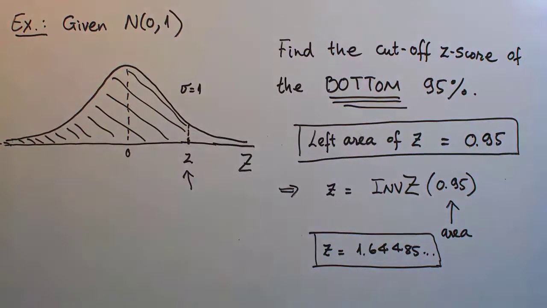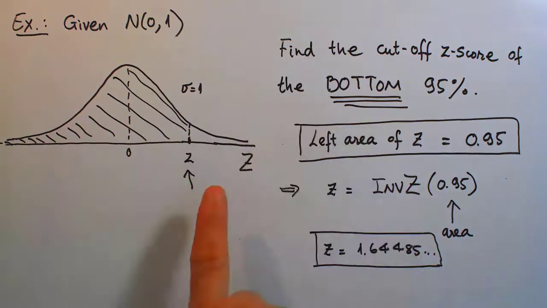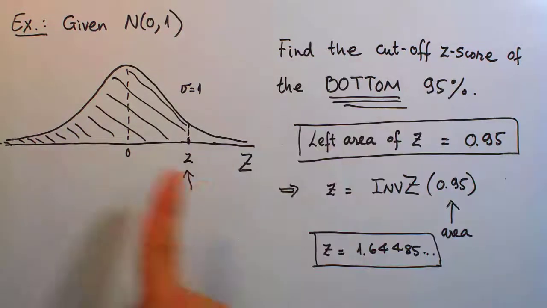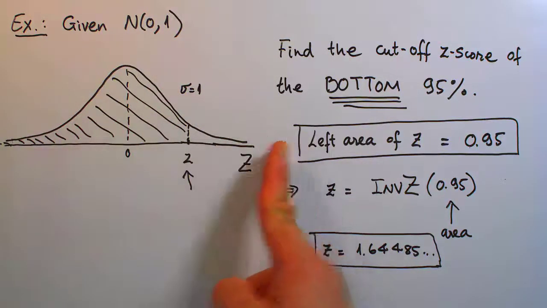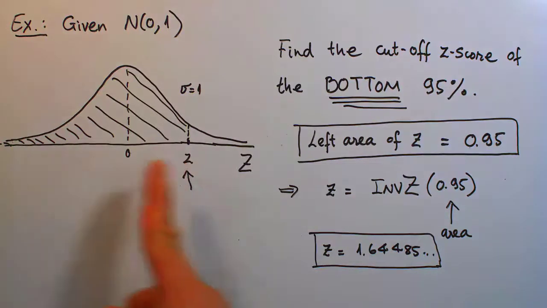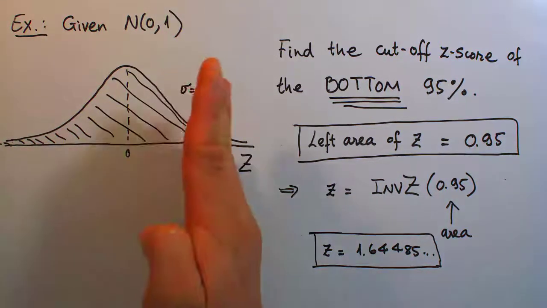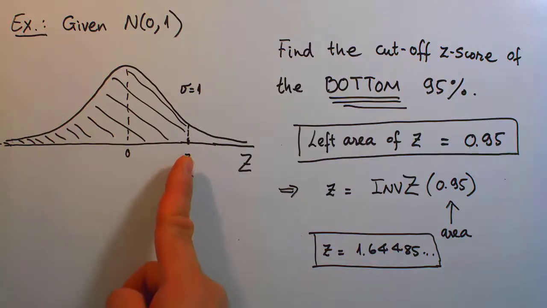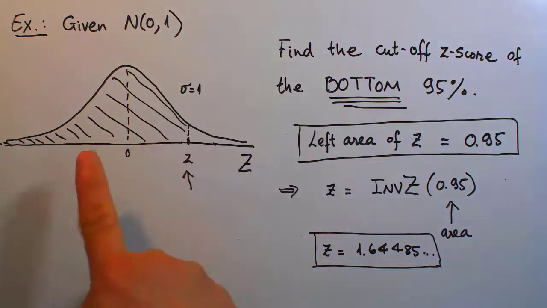And so before I close down this kind of problem, let me emphasize one thing. This same z-score, in the way it's worded, is being asked as a cutoff. So fundamentally, yes, it is the cutoff because it's the entire area of your bell curve. From wherever you put your z, from where it stands right here, it cuts the area into two different portions. And the one portion here we're looking at is to the left-hand side.